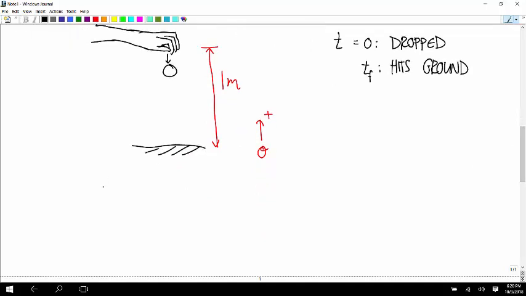And now we have to think about what variables we know and what variables we want. Okay, so time final, we don't know that. That's what we're trying to calculate, the amount of time it takes to hit the ground. The acceleration, it's free fall, so that's down at 9.81 meters per second squared, and down is negative in this case.